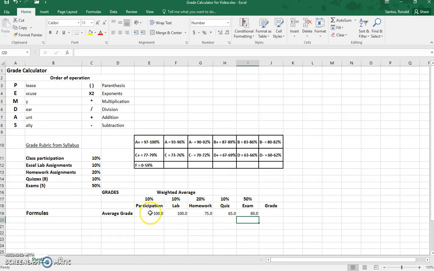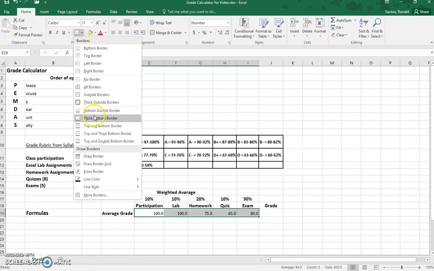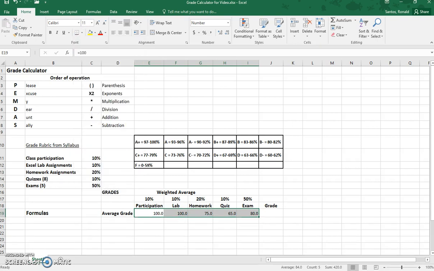Now underneath, I will highlight this and put a thick border on the bottom. Now underneath, we're going to calculate raw points.